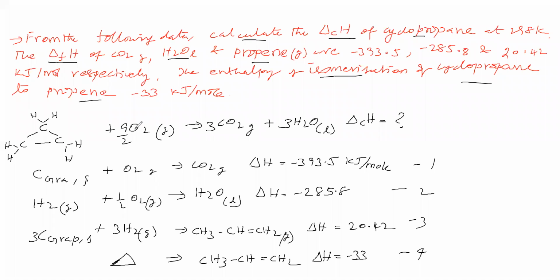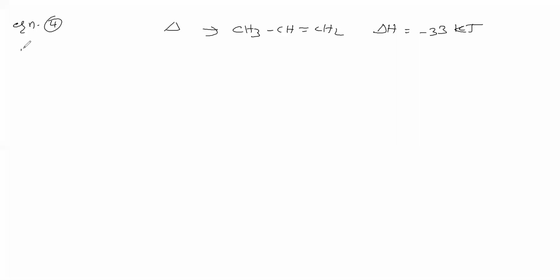Next, we want carbon dioxide 3 times on the right side. Carbon dioxide is available in the first equation, so we multiply the first equation by 3. Therefore, 3 times carbon in graphite, 3 times O2 gas gives 3 times CO2 gas.